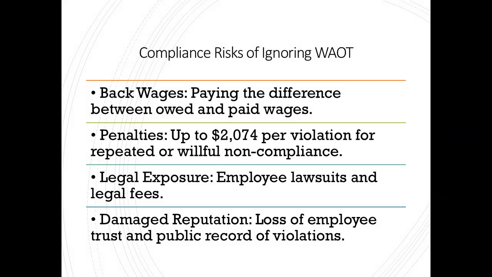There are also penalties that come with that. A typical penalty would be over $2,000 per violation if the organization is willfully non-compliant or for repeated violations. And then, of course, there's also the reputational impact for the organization.